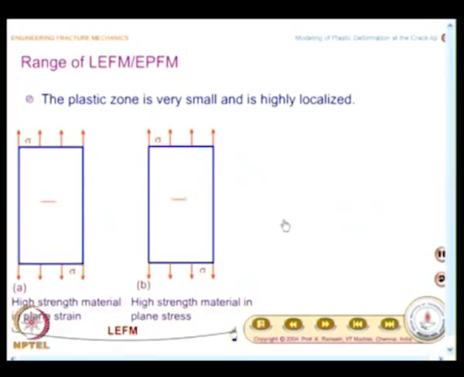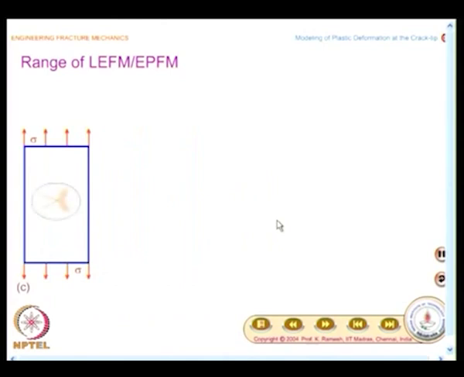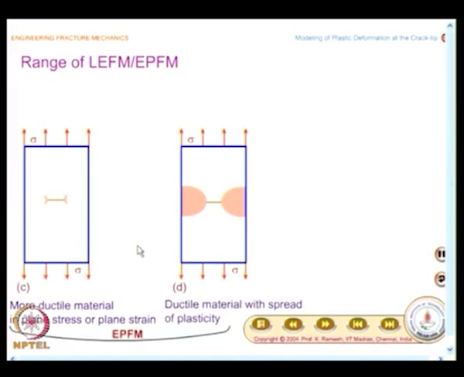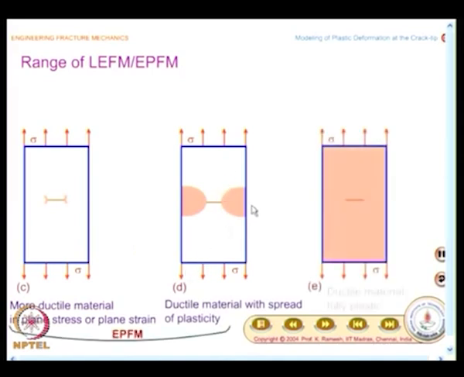The moment you have a very high plastic zone, you have to go in for the elastoplastic analysis, and if the plastic zone is much larger compared to the crack and other specimen dimensions, you will have to go in for analysis based on plastic collapse.